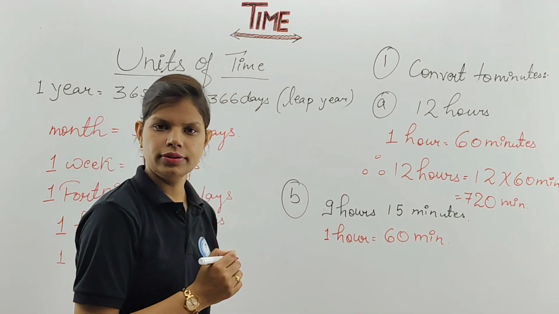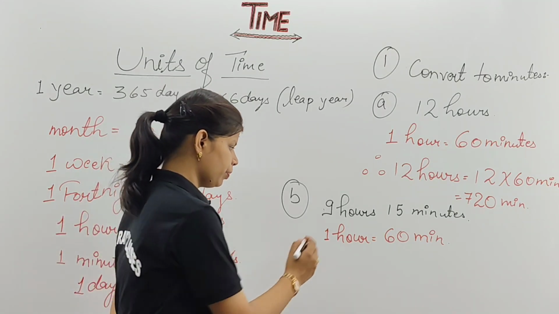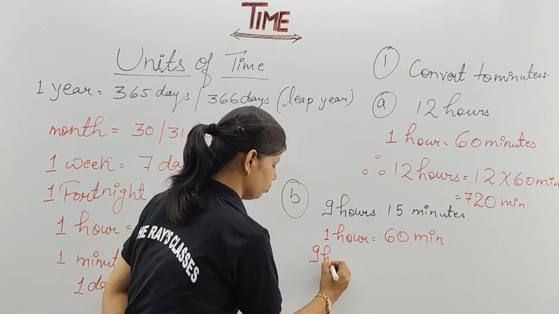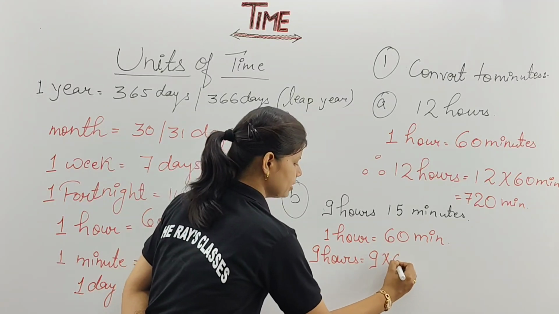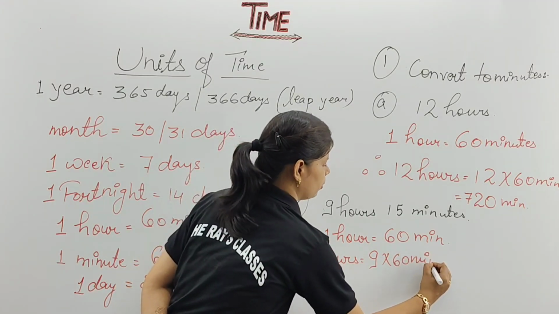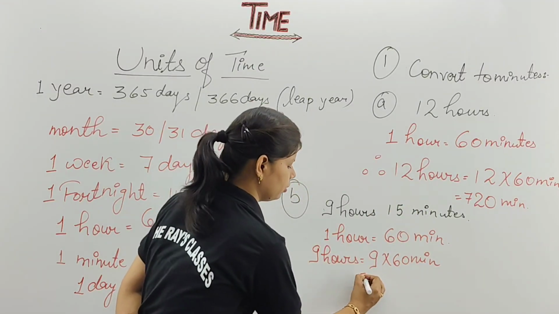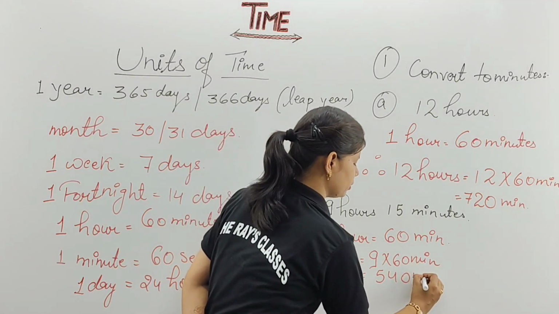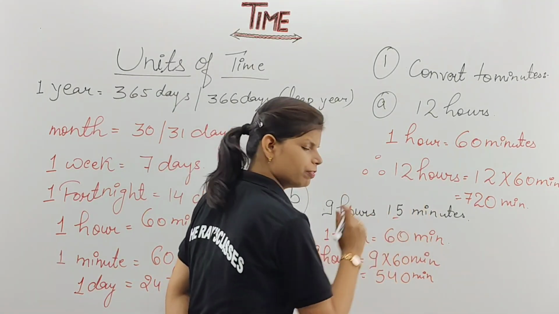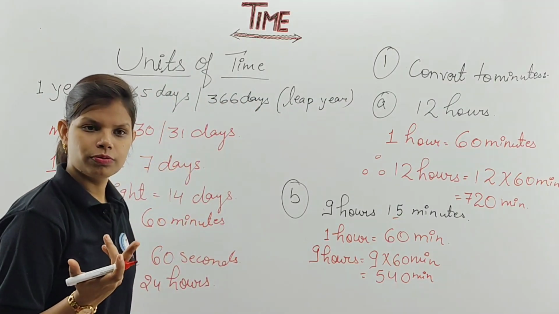They get my point? Okay. So 9 hours equal to what? 9 multiplied by 60 minutes, and your answer is what? 540 minutes. Now what you are going to do for this 15? What you will do? Good.